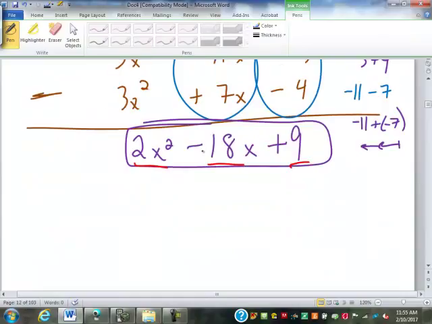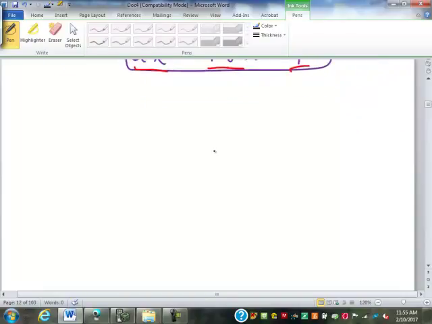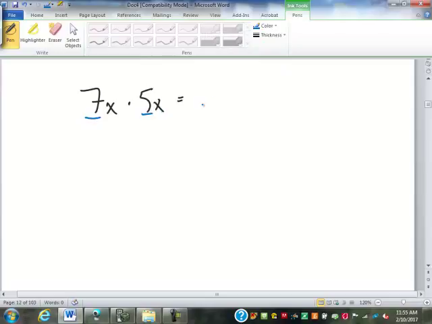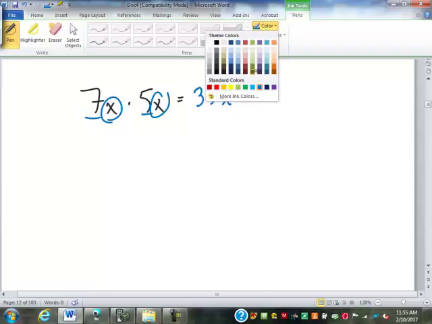Now, we've already seen multiplying the single-digit numbers, like 7x times 5x, where we combine the counts. 7 and 5 make 35. And x times x is x squared.